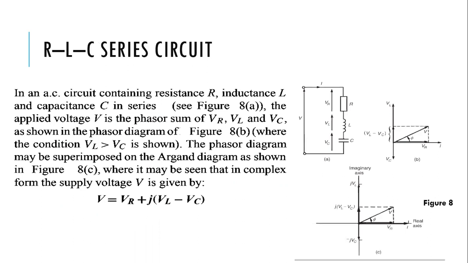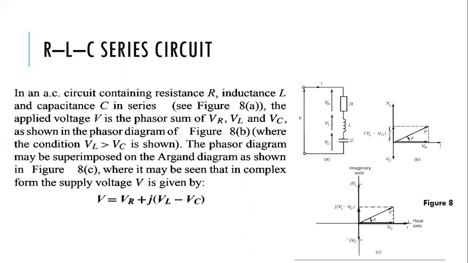Let's look at RLC series circuits. In an AC circuit containing resistance R, inductance L, and capacitance C in series, the applied voltage V is the phasor sum of VR, VL, and VC as shown in the phasor diagram of figure 8B, where the condition VL greater than VC is shown.